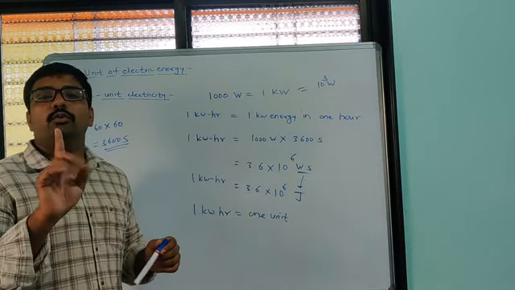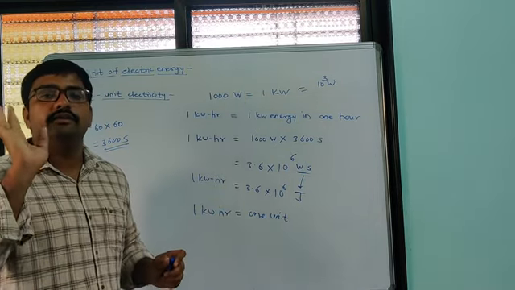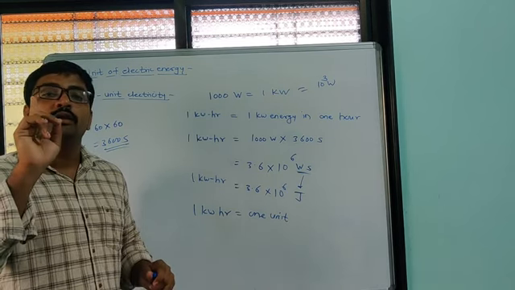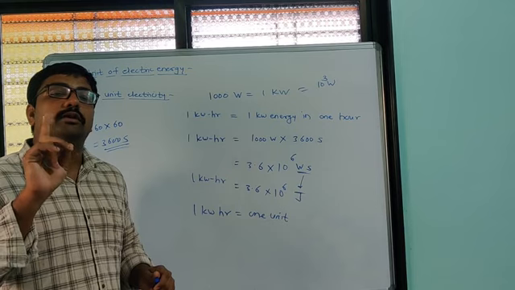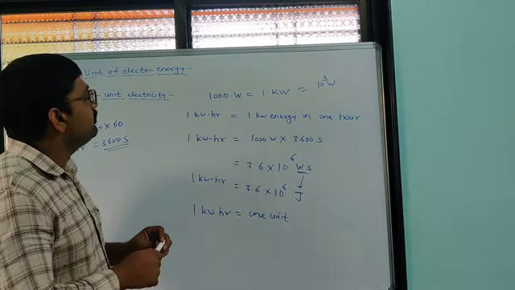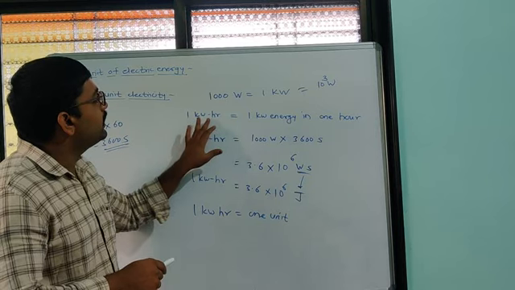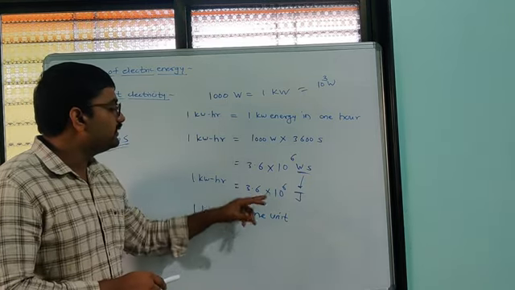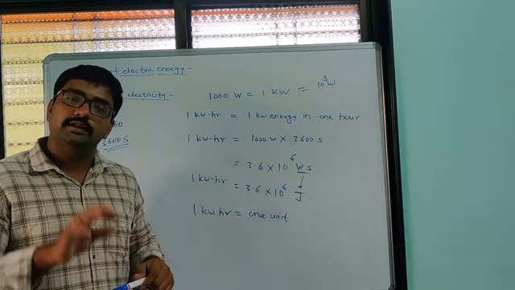Watt is a unit, but for conventional use we use kilowatt hour. How much energy do we use in 1 hour? From that we get the 1 unit, and that is nothing but the 3.6 into 10 raised to 6 joule.